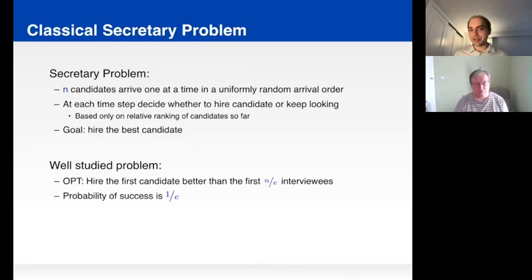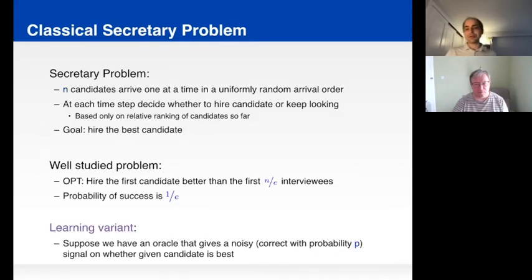Then you hire the very first candidate who's better than the first n over e that you almost sacrificed to get a sense of where these candidates are coming from. It's easy to prove that the probability of success here is 1 over e, and this is the best trade-off that you can achieve. Classic problem, lots of different proofs, lots of different solutions.